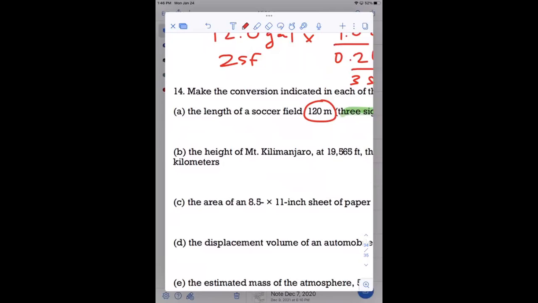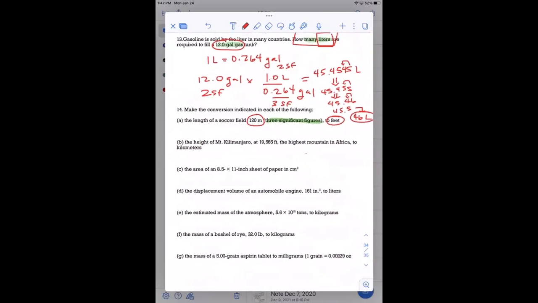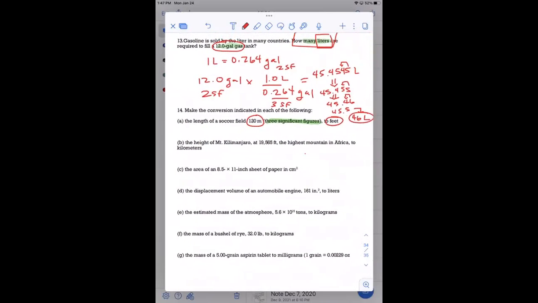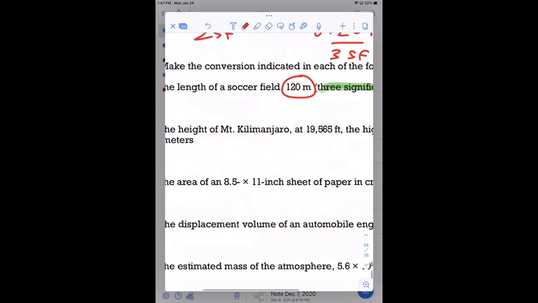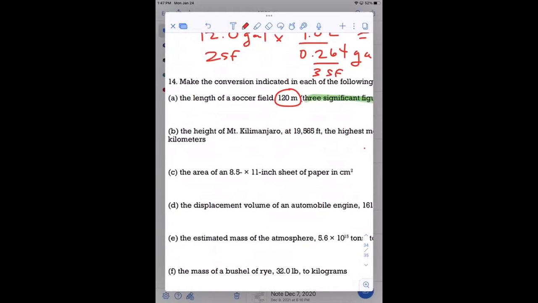0.914. 0.914 meters in a yard, or was it another number? I think we had a different number. We used this number. So let's do this. Let's go from meters, 120 meters times 1.09.